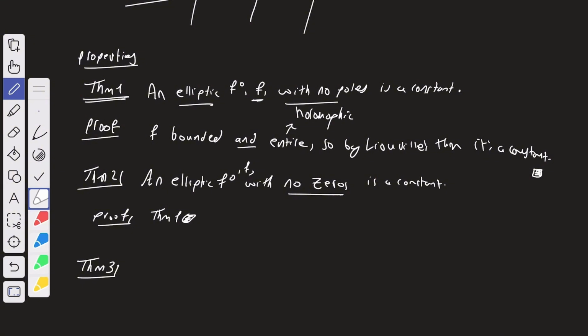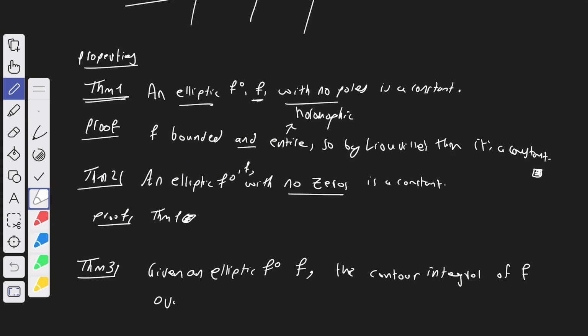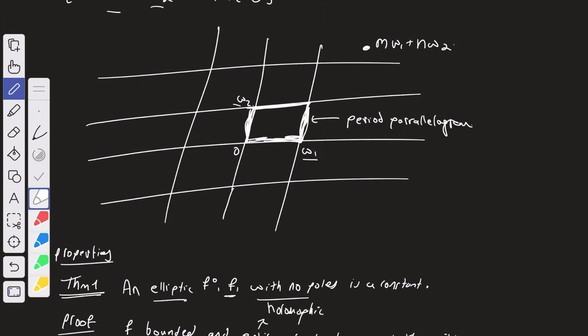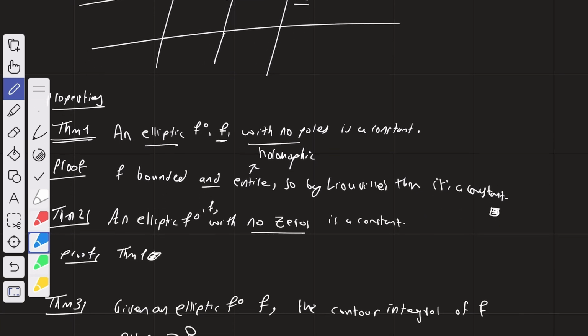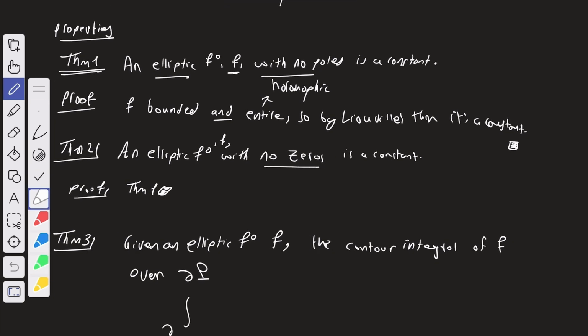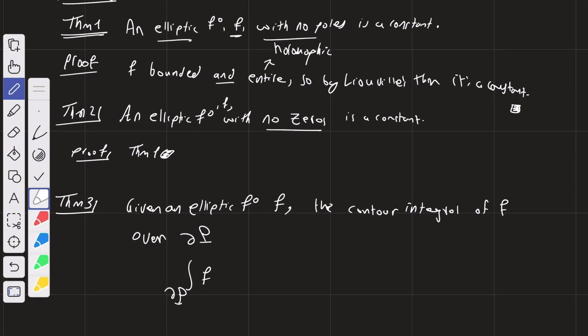So theorem 3 says that given an elliptic function, say f, the contour integral of f over the boundary of the period parallelogram, let's call this P, if we consider this path, is in fact equal to 0.